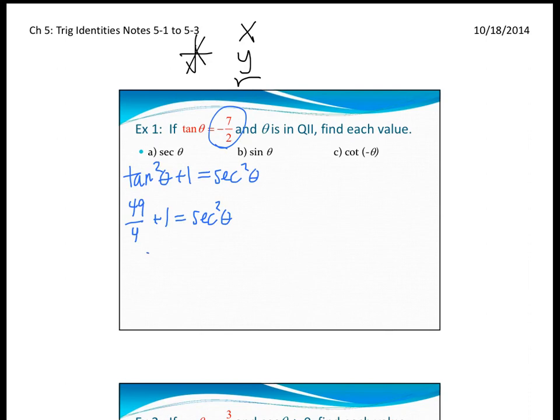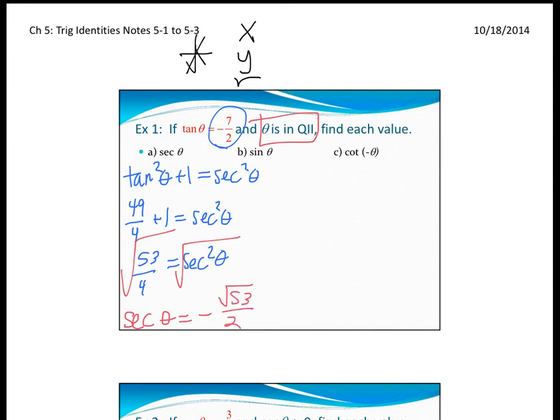After adding the fractions, I get 53/4 is equal to secant squared theta, and I can now square root both sides to find my secant ratio. Now, I am told in the given that theta is in quadrant 2. Therefore, after taking my square root, I know that secant is negative, and I will have negative square root 53 over 2.